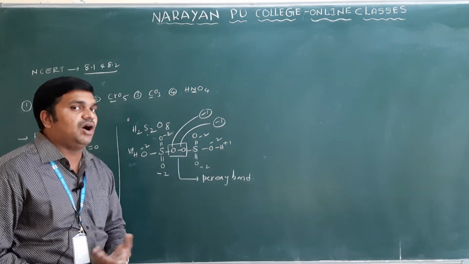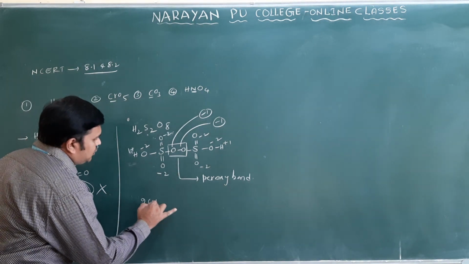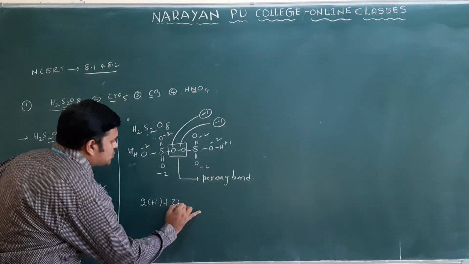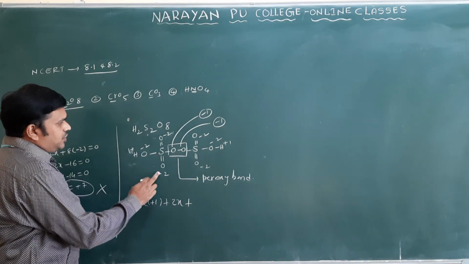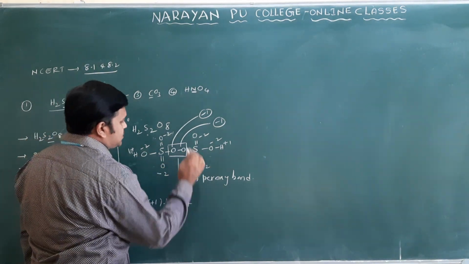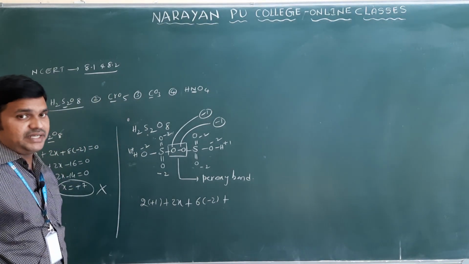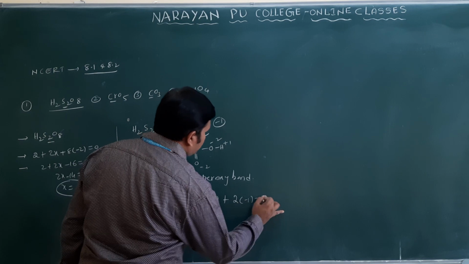Otherwise, you can use the general method. How many hydrogens are there? 2 hydrogens, so 2 into +1, plus 2 sulfurs, that is 2x, plus how many normal oxides? 1, 2, 3, 4, 5, 6, so 6 into -2, plus how many peroxides? 2 are there, that is 2 into -1, equal to 0.